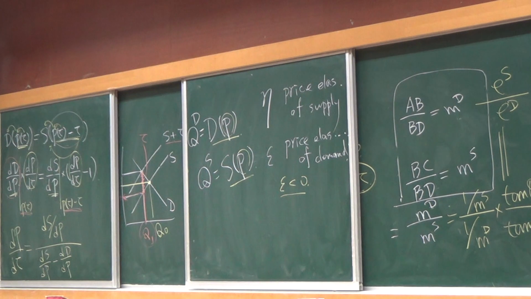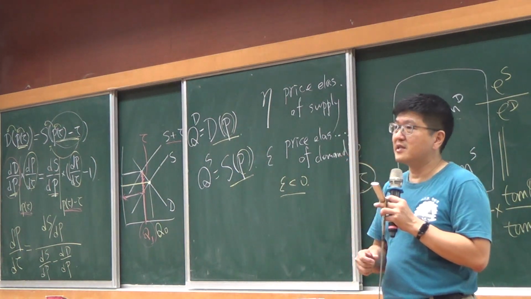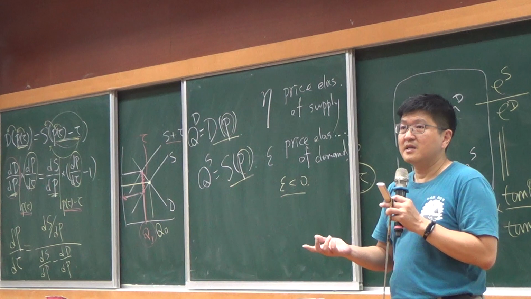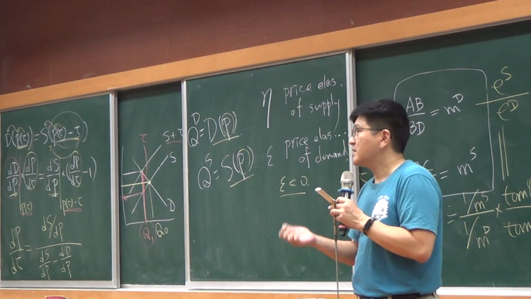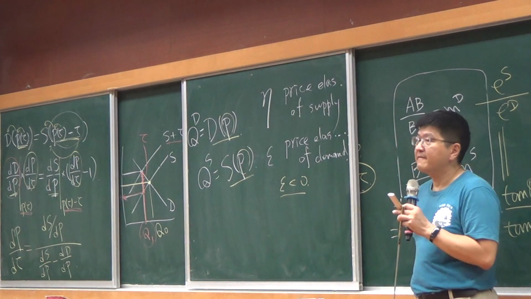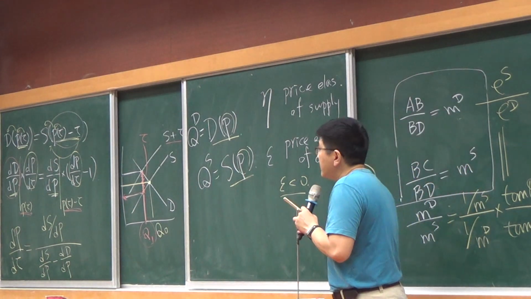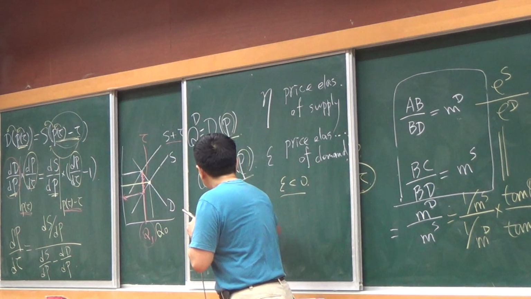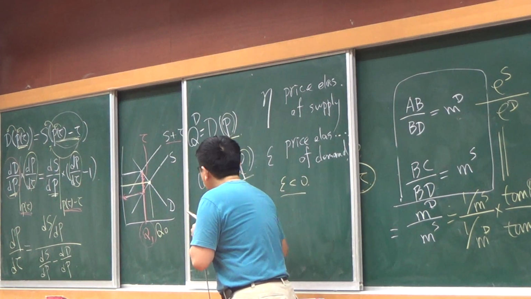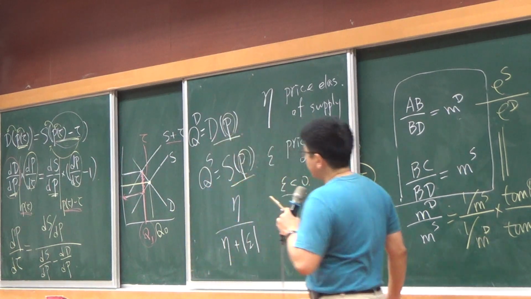Because the relationship between quantity demanded and price is negative, due to the law of demand, right? So it's negative. And now we see the formula eta minus epsilon, so we may make it like this.